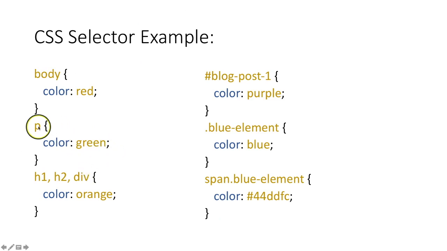So, for example, if we had a body tag with p tags in it, because we have a specific declaration here for p tags to be the color green, this will be applied versus this red color here, if that makes any sense.